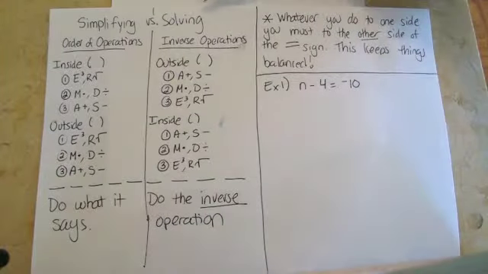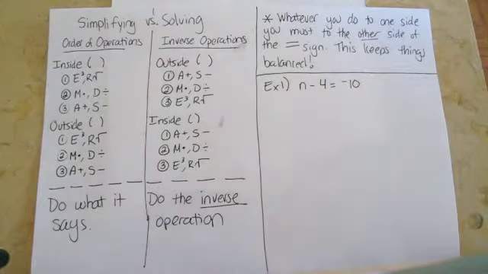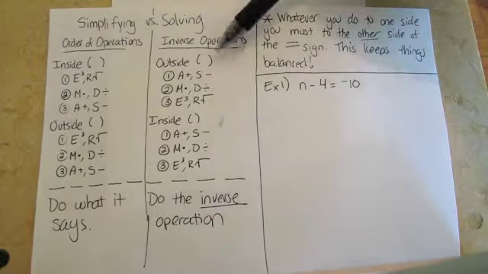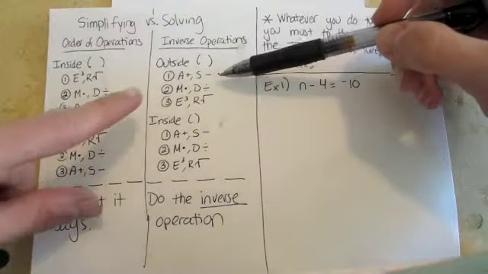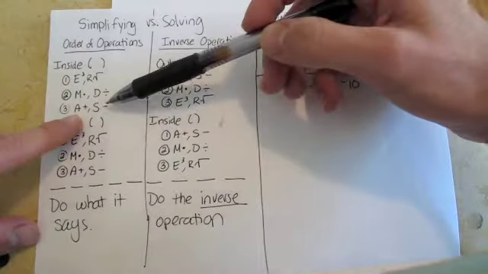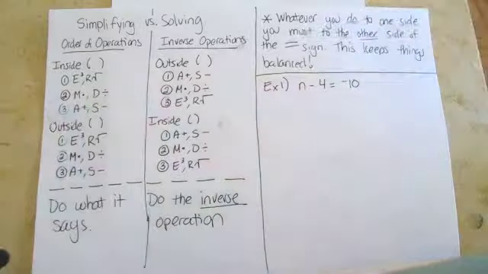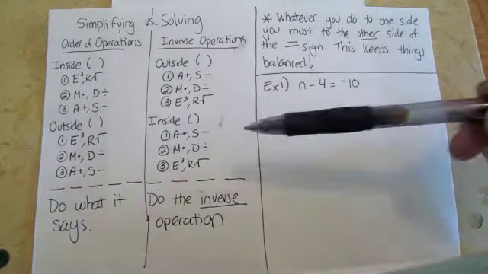But when we're solving, we actually use what are called inverse operations. And we're doing the order of operations backwards. So you'll notice that instead of starting inside parentheses, when we solve, we start outside parentheses. And if you'll notice, our steps are reversed. So we actually start with addition and subtraction, which is our last step when we're simplifying. And then we do multiplication and division, and then we do exponents and roots. And the other big difference is that we don't do what it says.